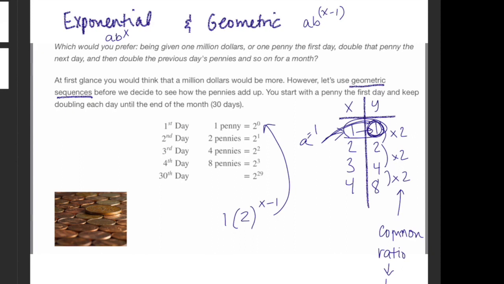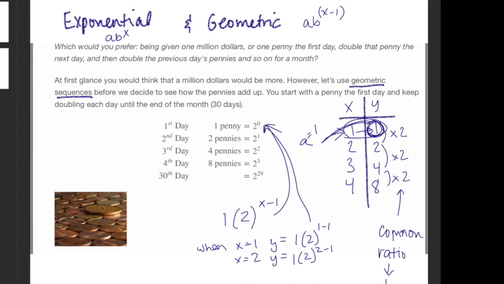So there's not a thing as like a day and a half. That doesn't exist in this particular problem. It only exists with 1 day, 2 days, and so on. So I'm going to go ahead and select my geometric sequence formula for this particular problem because it's discrete. So I'm going to go ahead and plug it in. I put in my common ratio there, as you can see, and my initial value.